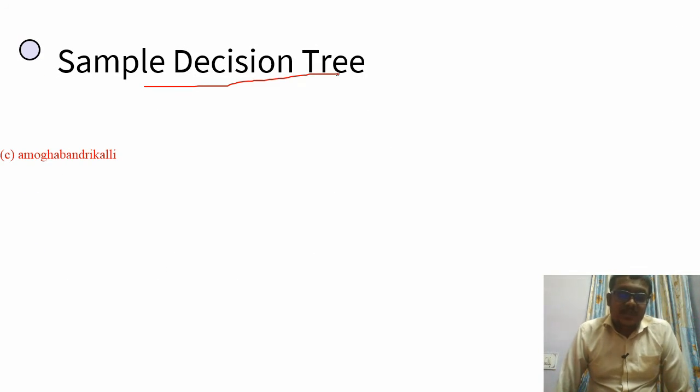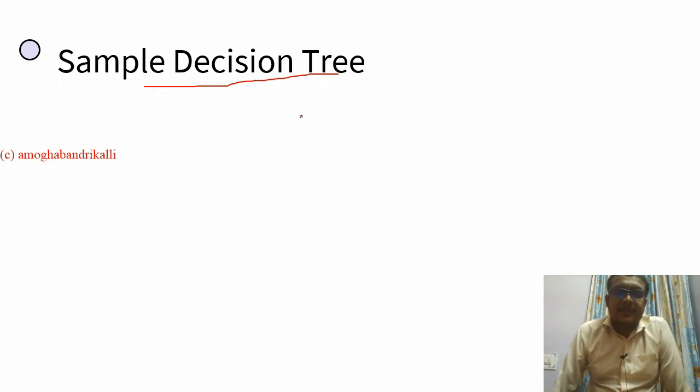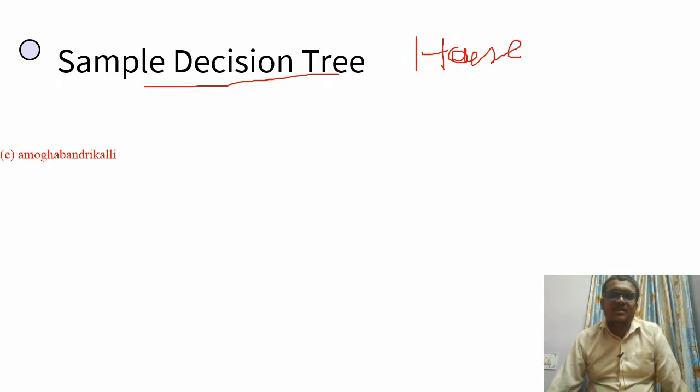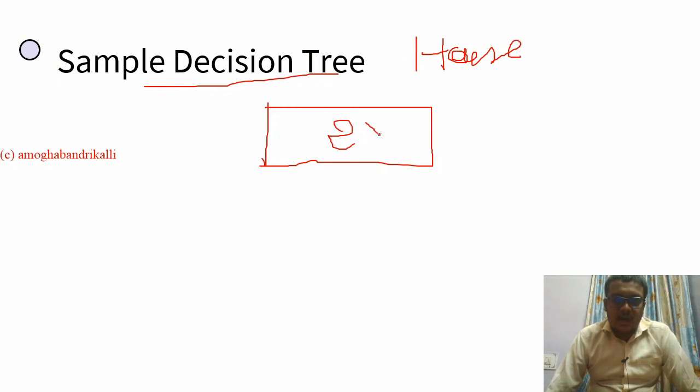If it is not clear, let me take an example of what I have been speaking about: the house rent of a city called Melbourne. Why we are taking this one is that we already have data for it. A simple question. So this is a sample decision tree. Does the house have more than two bedrooms?